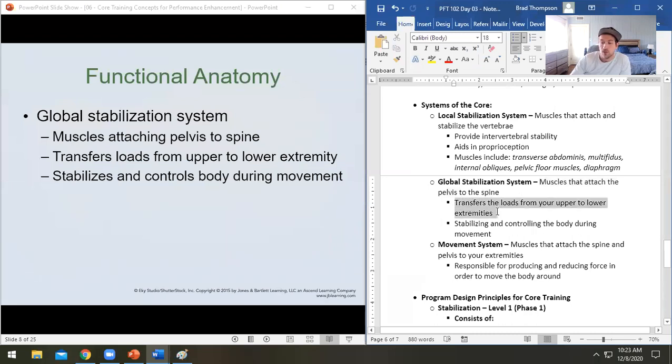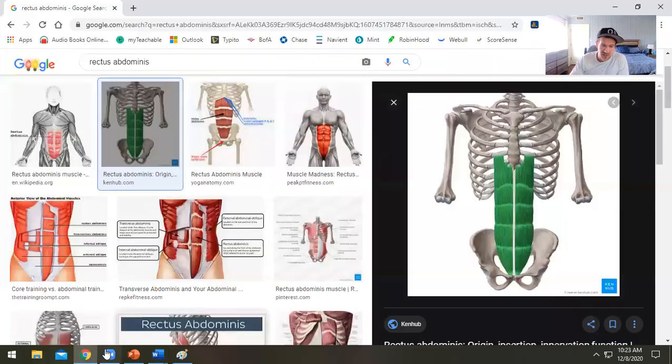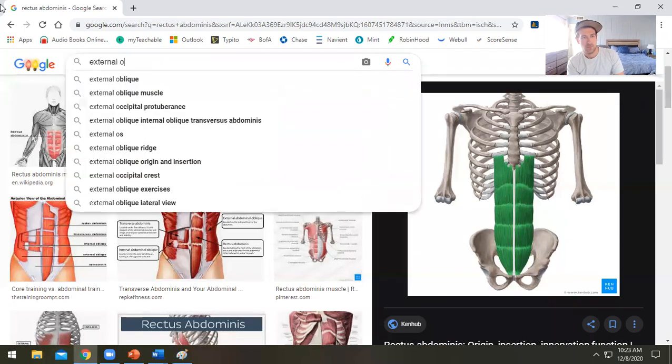This transfers loads from the upper and lower extremities and does a little bit of stabilizing during movement. But you want to think of your global stabilization system as your movers for your spine. So the local stabilization holds your spine in place. The global stabilization system moves your spine. Same thing with your external obliques, right?